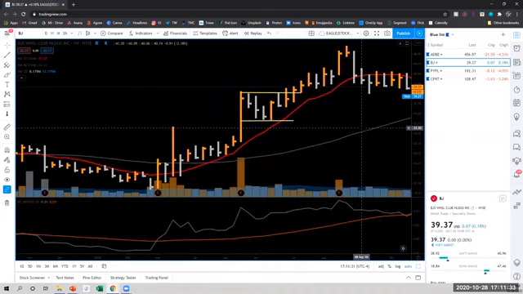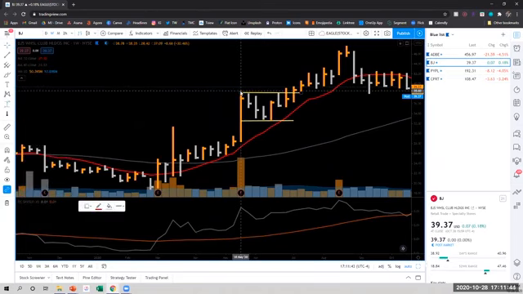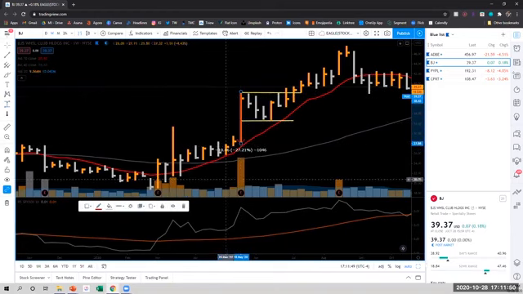So does it have the right depth, and does it have the right length? Well, let's see. What is the depth of this pattern? The pole is 27%, right? Roughly 27%.